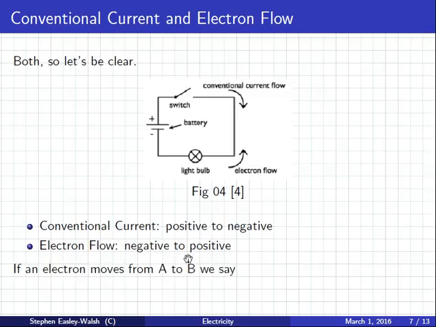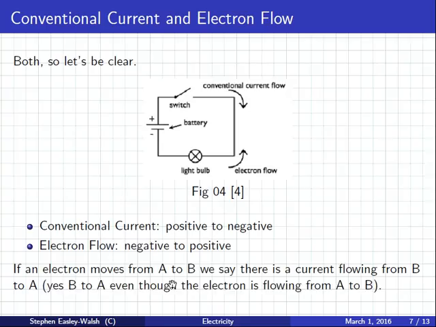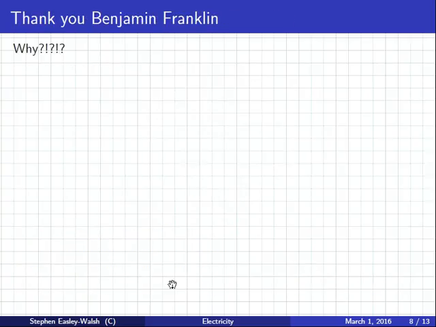So just to be super clear, if an electron moves from A to B, we say there's a current flowing from B to A. That's right, B to A, even though the electron moves from A to B. Got that? Okay. So you might be wondering, why, for the love of all that's good, why?